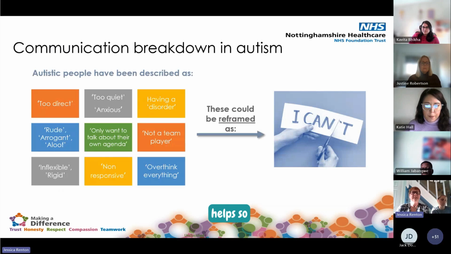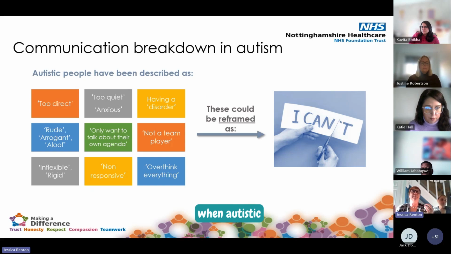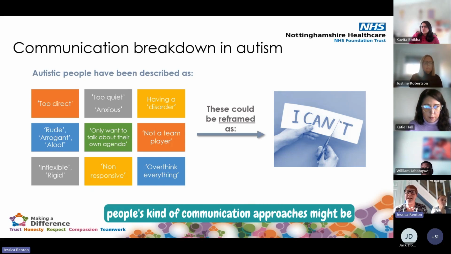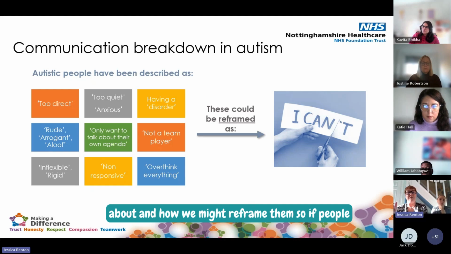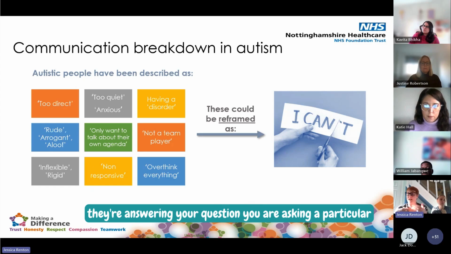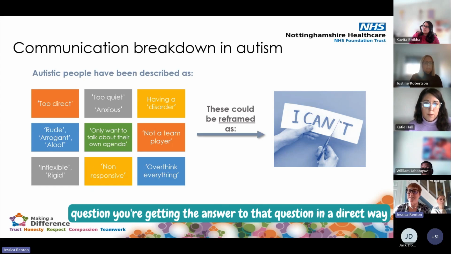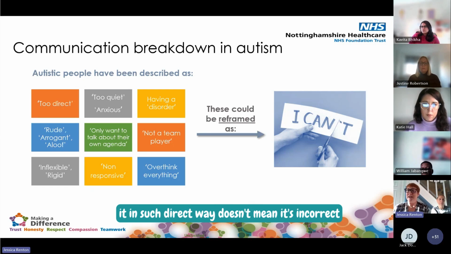Hopefully that helps. So just thinking about some of the phrases that we might hear when autistic people's communication approaches are shared or thought about, and how we might reframe them. So if people are too direct, it might be that they're answering your question. You asked a particular question, you're getting the answer to that question in a direct way. We're just not necessarily used to hearing it in such a direct way.